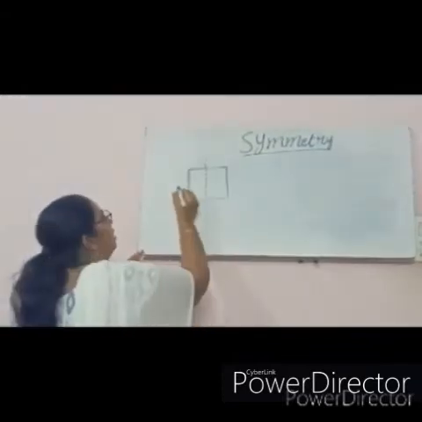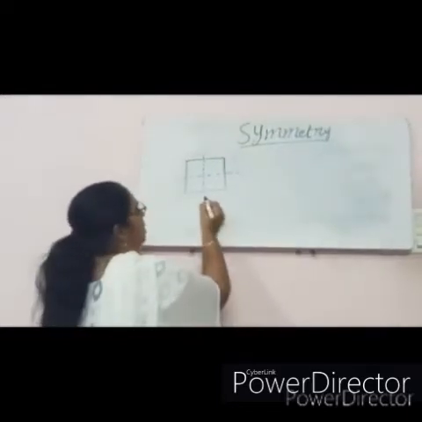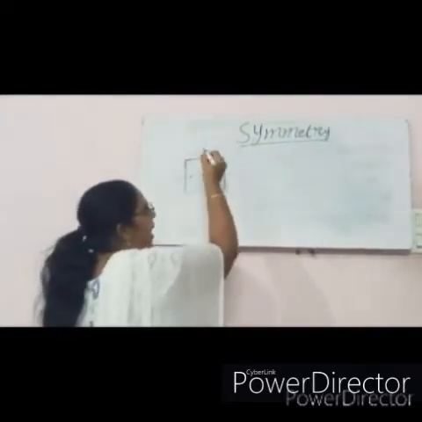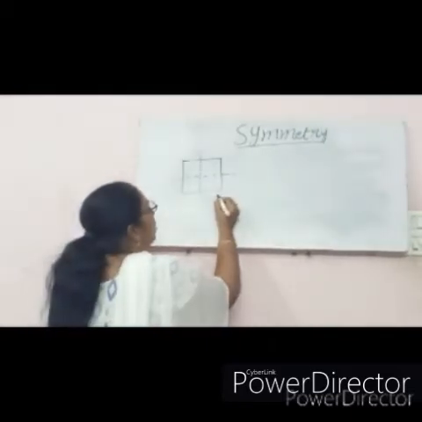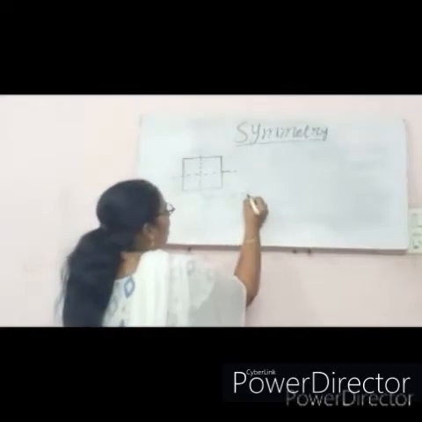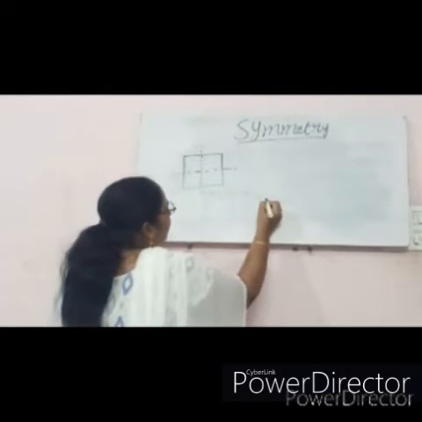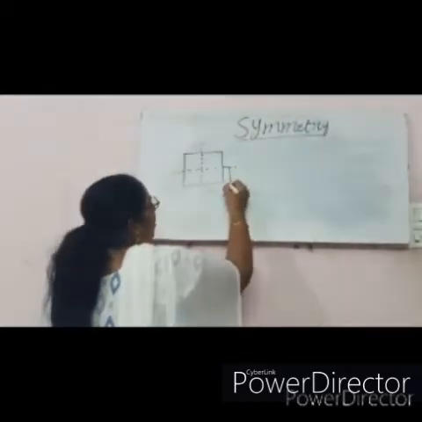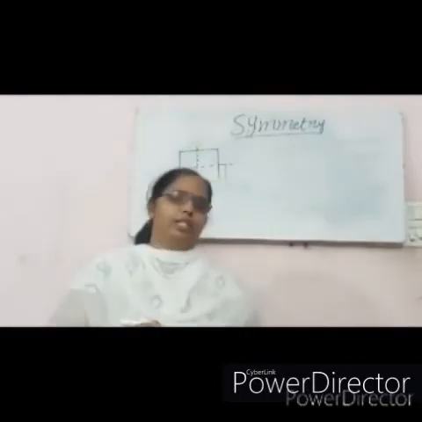So, this is also a line of symmetry, an imaginary line which divides the image into two equal parts. So, a line of symmetry might be a horizontal line or a vertical line.